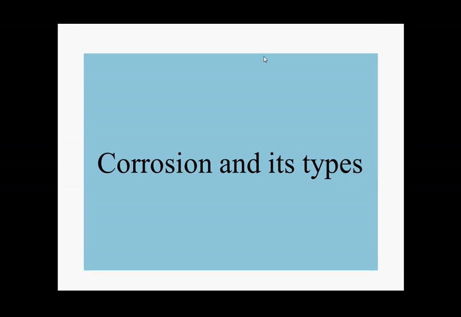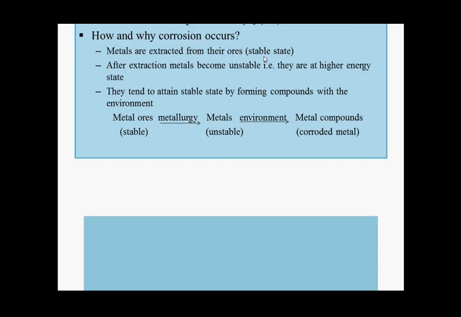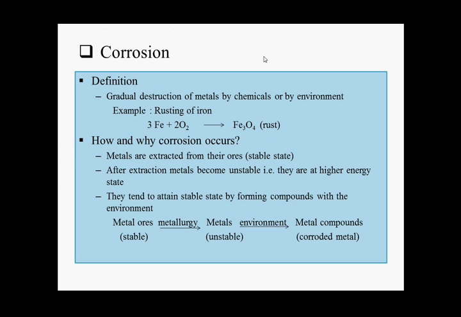In this class, let us discuss the topic corrosion and its types. Corrosion is defined as gradual destruction of metals by chemicals or by the gases present in the atmosphere.